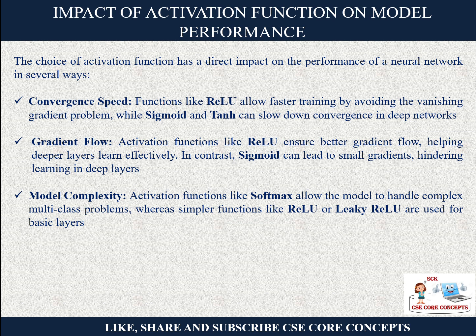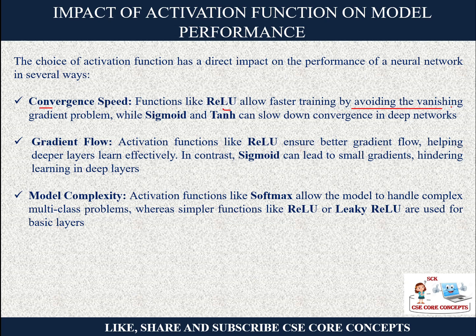Now if you compare the computational cost of tanh and ReLU, based on the formula we have seen, tanh requires more computation, so you can go for ReLU. The first primary factor is the convergence speed. Functions like ReLU are faster, because they are just providing the max value. They also avoid the vanishing gradient problem.